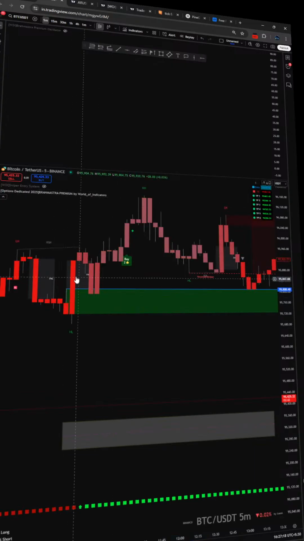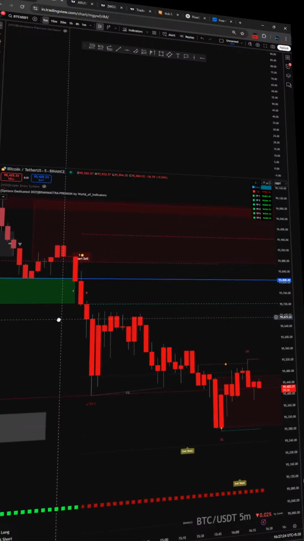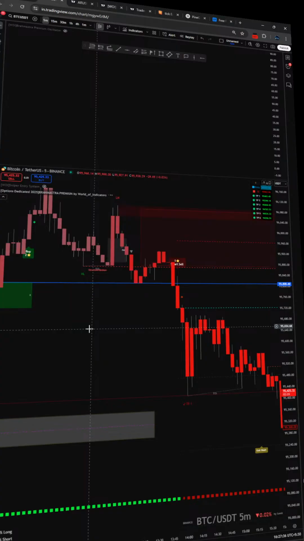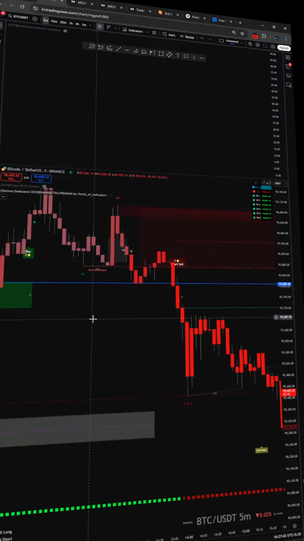Here you have an order block and one fair value gap. The market came down, bounced back from here, and boom. You can see the market started going down.